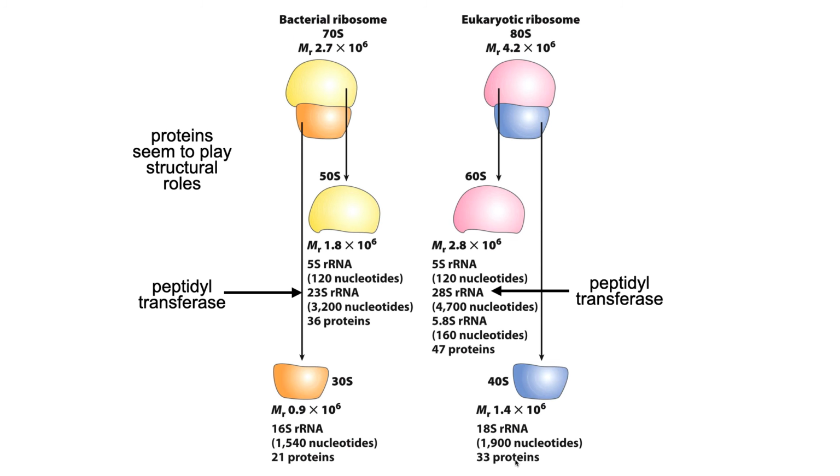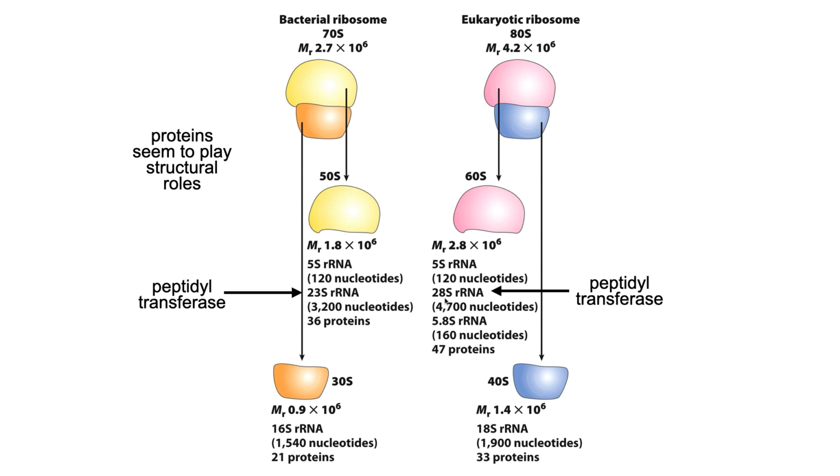And yet about 2/3 of the mass of a ribosome comes not from the proteins, but from the RNAs. They're that much bigger than the proteins. And also, the actual enzymatic activity, the formation of a peptide bond between adjacent amino acids, is catalyzed not by some of these proteins here, but in bacterial ribosomes by the 23S ribosomal RNA, which has peptidyltransferase activity.